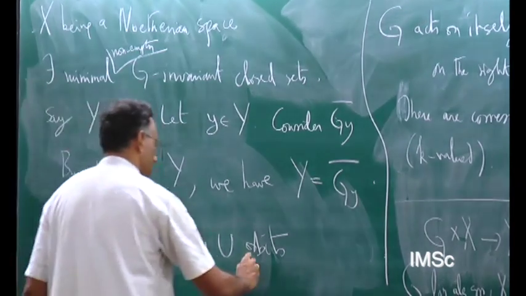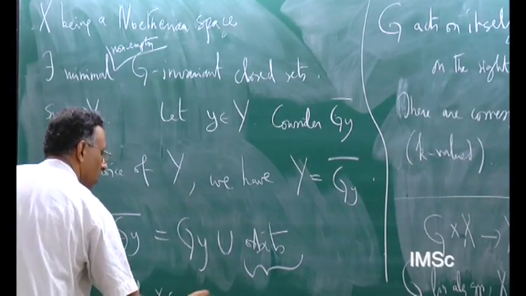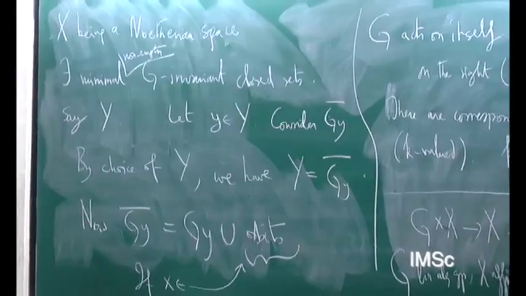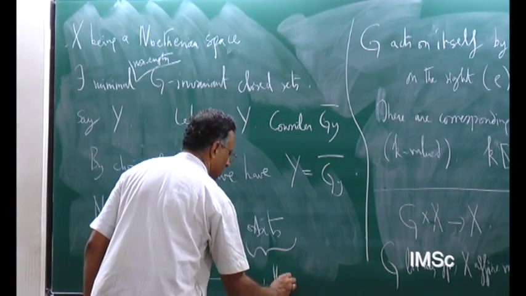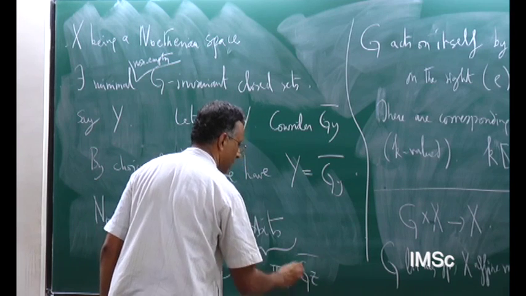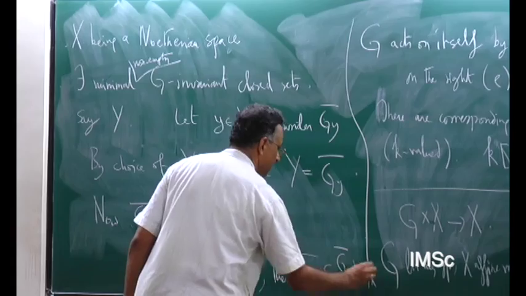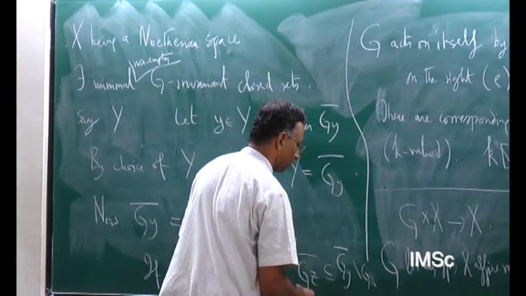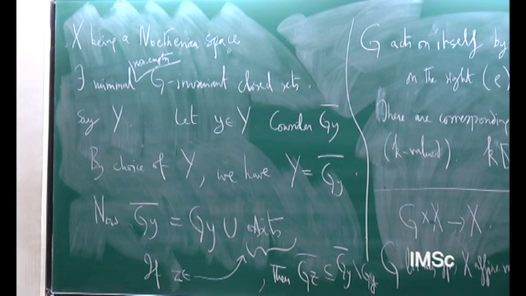So if z belongs here, then the closure of Gz is contained in the closure of Gy minus Gy, for the reason that Gy is open in its closure.